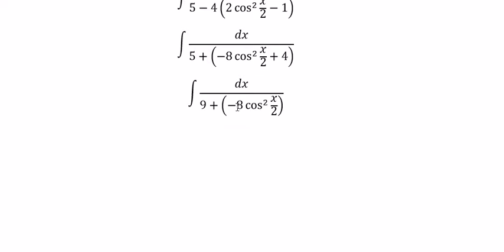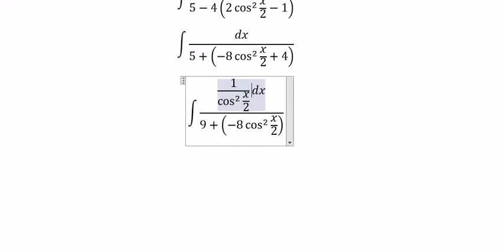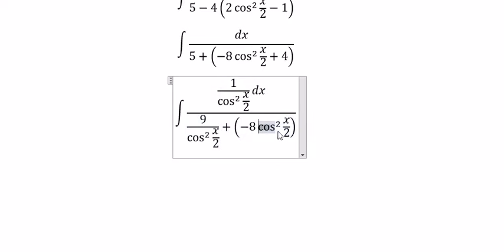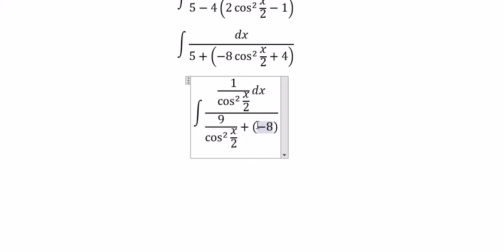Next, we divide cosine x over 2 square on numerator and denominator. This one you got about number 1 and you got negative number 8.